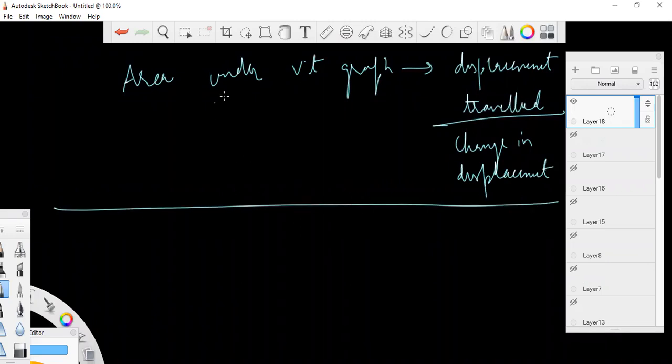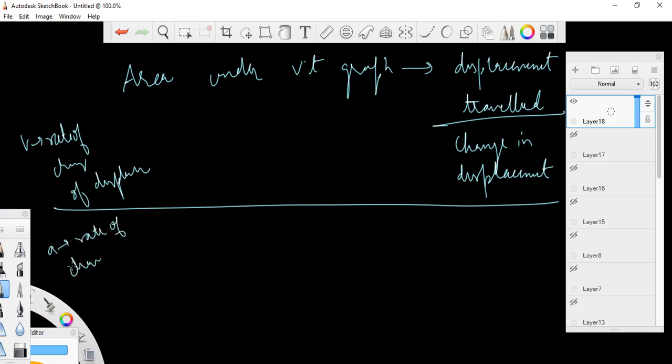Similarly, what was the definition between velocity and displacement? Velocity is the rate of change of displacement. So from that we said that area under this should be this. One more definition we have for acceleration, which is the rate of change of velocity. Is that right?